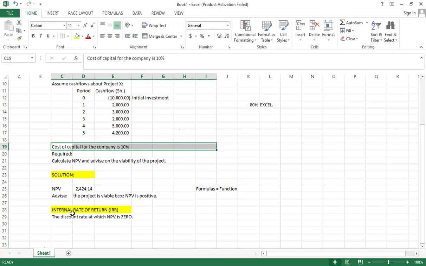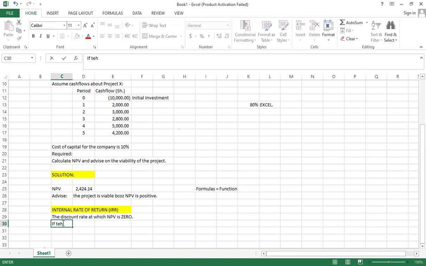If the IRR is more than the cost of capital, by COC I mean cost of capital, if the internal rate of return is more than the COC, the project is viable. And vice versa.